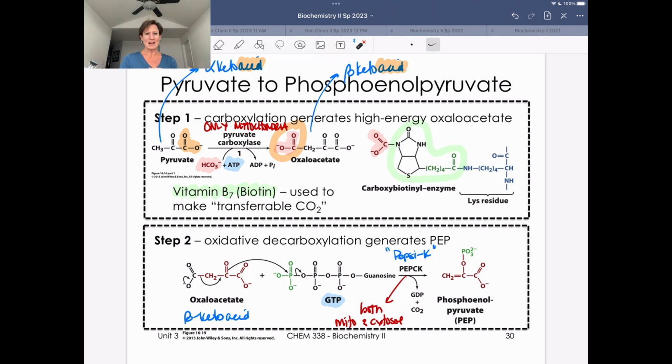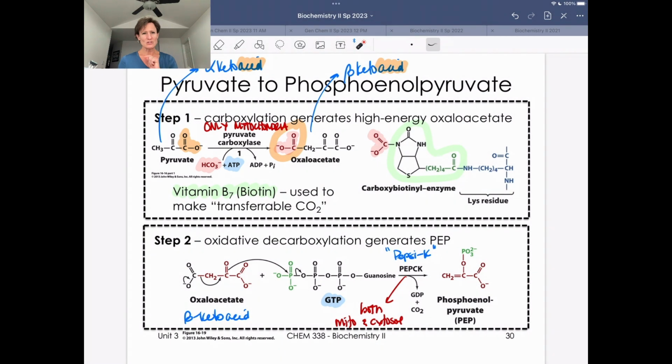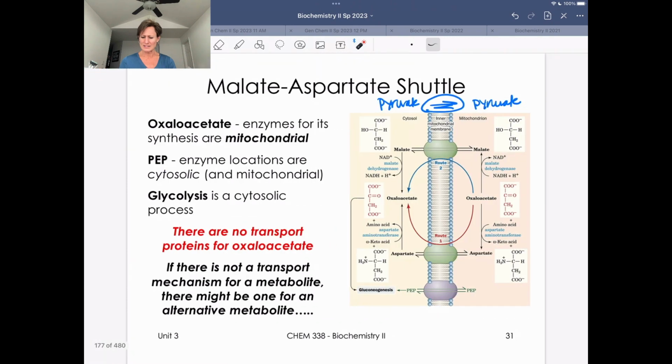There are transporters for malate. Or we can make oxaloacetate into aspartate. There are transporters for aspartate. So the net equivalent here is making oxaloacetate into a molecule that there is a transporter for. I know this next slide is going to look a little crazy, so just bear with me for a second.